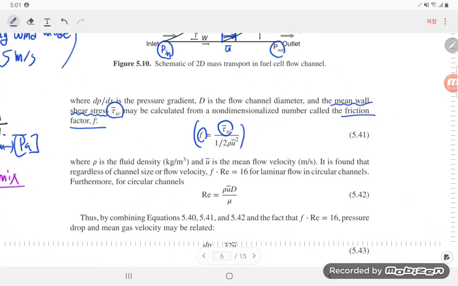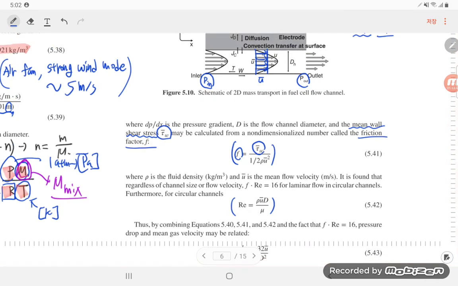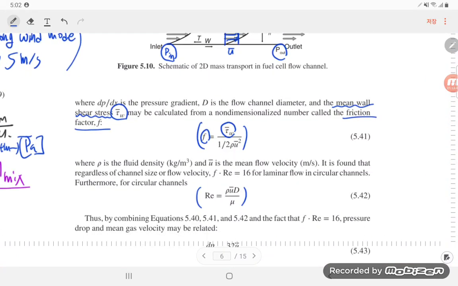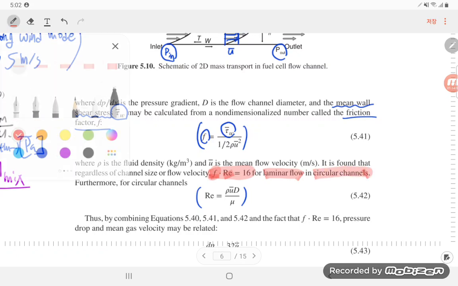And also we already know about the Reynolds number, like this form. And okay, this is very important: F times Reynolds number has this constant value for laminar flow, only for laminar flow, and mostly in the circular channel.